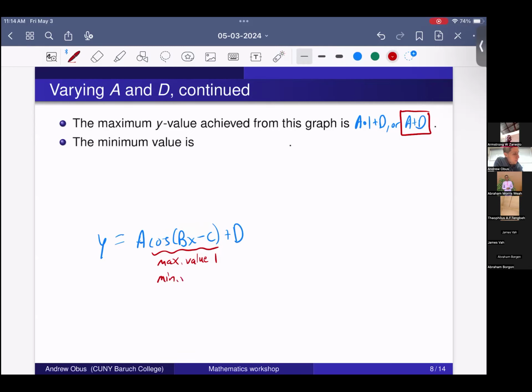Well, the minimum value of cosine is -1, right? So that means the minimum value that this whole expression can take on. Remember that a is positive. So the minimum value is going to be a times -1 plus d, or minus a plus d.